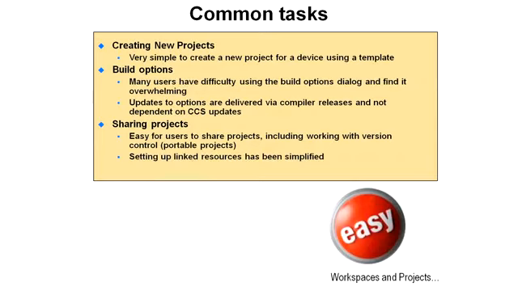If you want to make your projects portable, you want to be able to share them with somebody else, it's now much easier for users to share projects, including working with version control with other folks. Setting up linked resources into your projects, where you want to bring in a library from someplace or a header file from someplace and you want to link it into your project rather than drop it into your project, is much simpler and is a joy to work with.